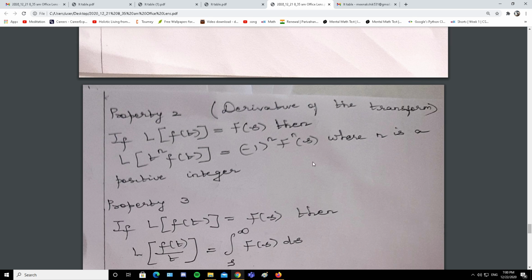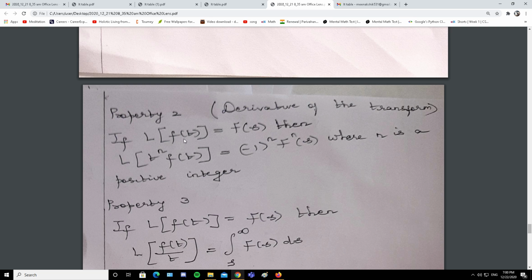Now property 2, the derivative of the transform. The statement is, if L of f of t equals f of s, that is, if the Laplace transform of the real valued function exists, then the Laplace transform of the product t power n f of t is minus 1 whole power n times F n of s, where n is a positive integer.